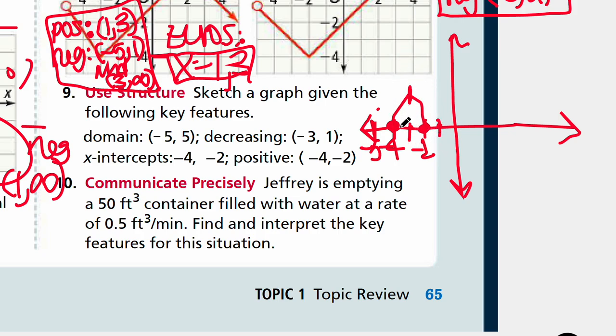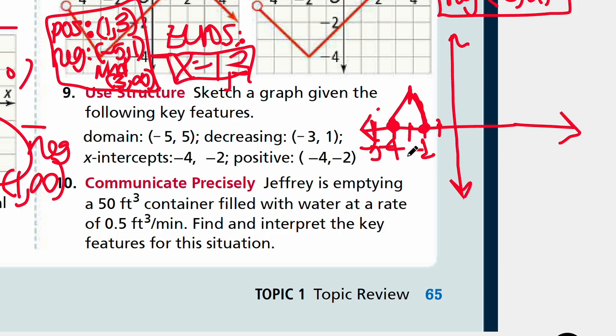And you can't have different x-intercepts. And then yeah, any graph that looks like that, but at exactly -3, your graph needs to start decreasing, okay? So I'm gonna make this a little bit straight. Okay, and then let's see.